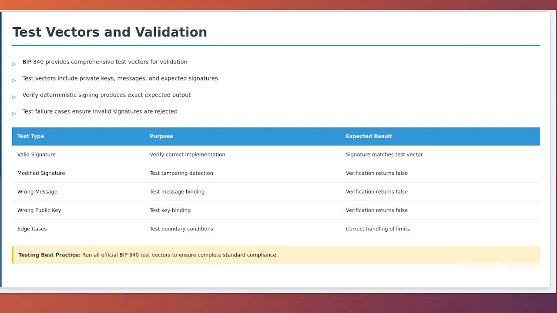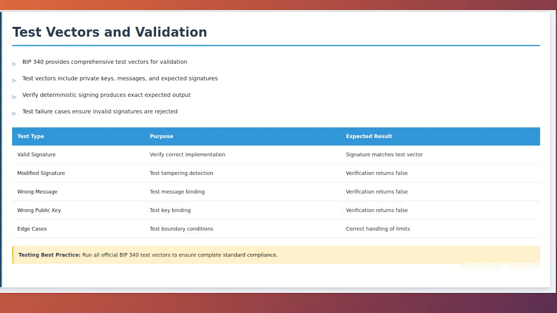We should also test failure cases to ensure our verification function correctly rejects invalid signatures. For example, we can take a valid signature and modify 1 byte. We then verify that the verification returns false. We can also use the signature with a different message than it was created for and verify that it fails. Similarly, using the signature with a different public key should also result in a failure.